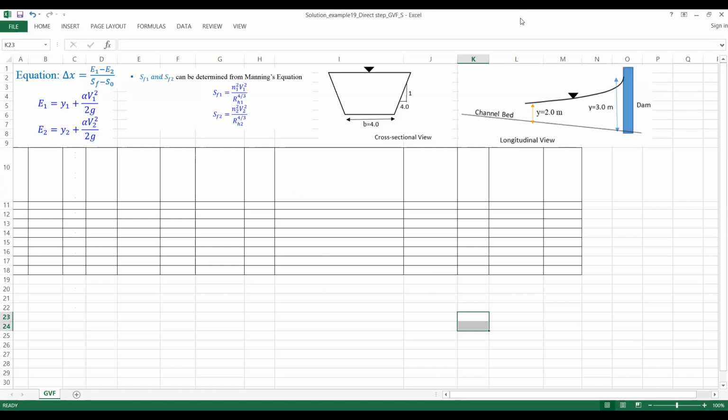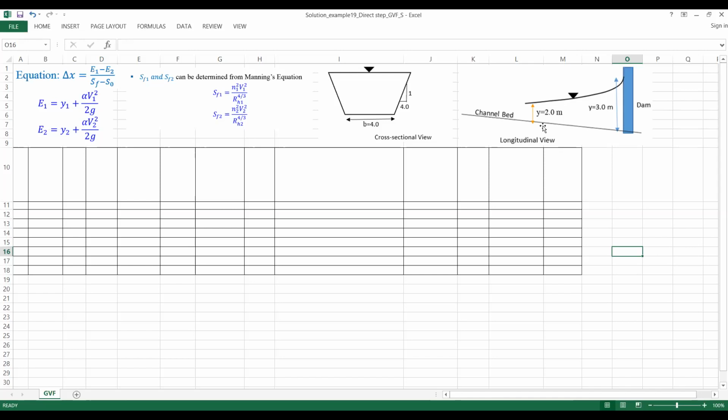So this is the Excel profile. I copied and pasted all the equations here so that we can look at them. That was the cross-sectional view of the channel, and that was the longitudinal view. If you remember, the equation was delta x.